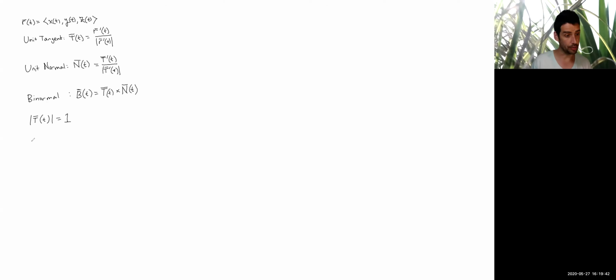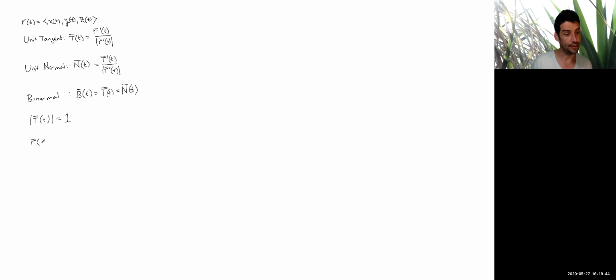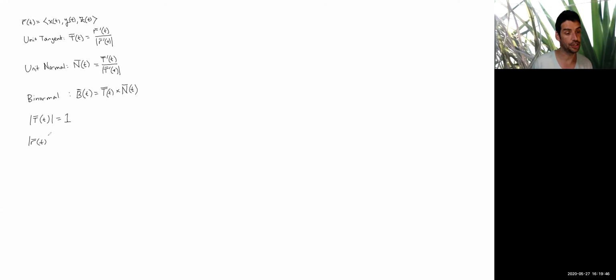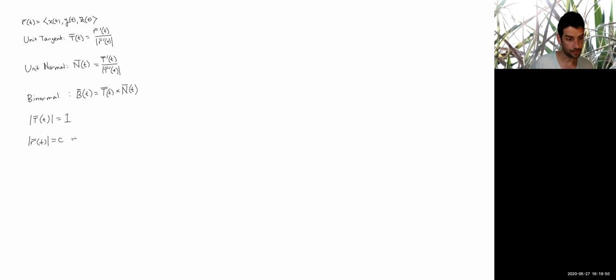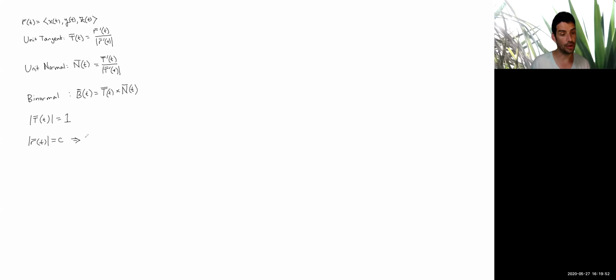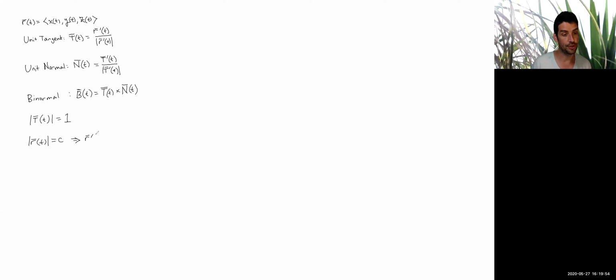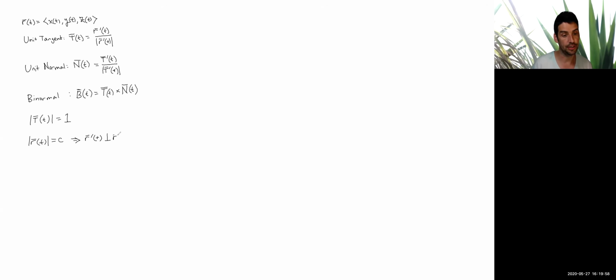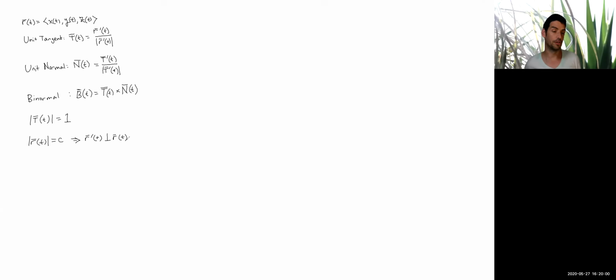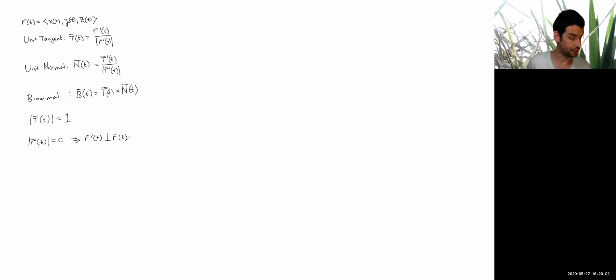In general, if we have a vector function whose magnitude is constant, then it is always the case that its derivative is perpendicular, or orthogonal, to the original function.